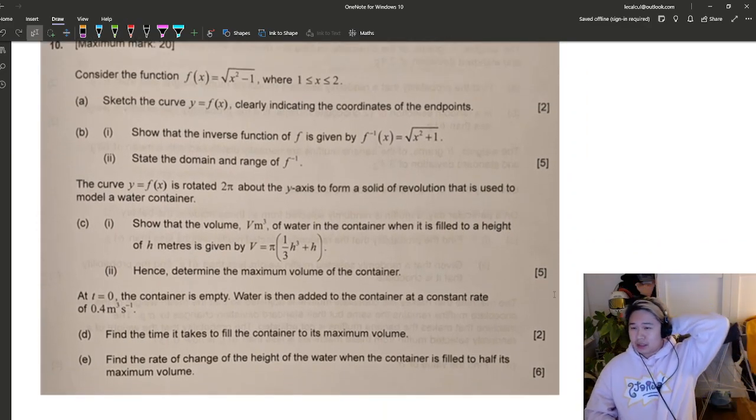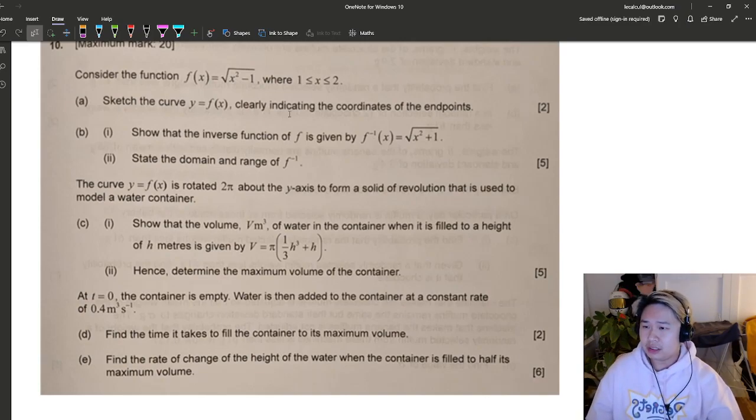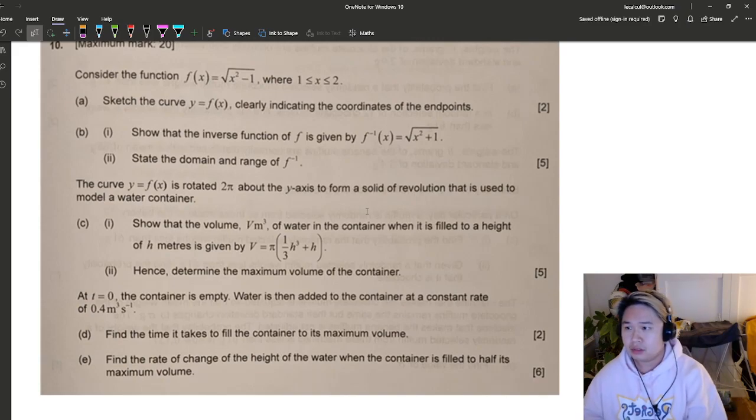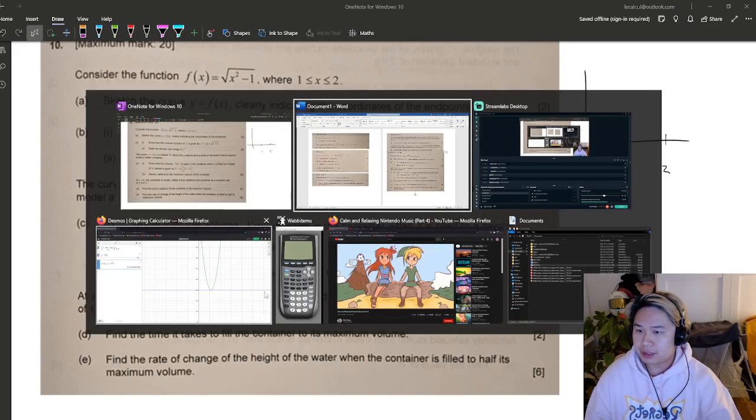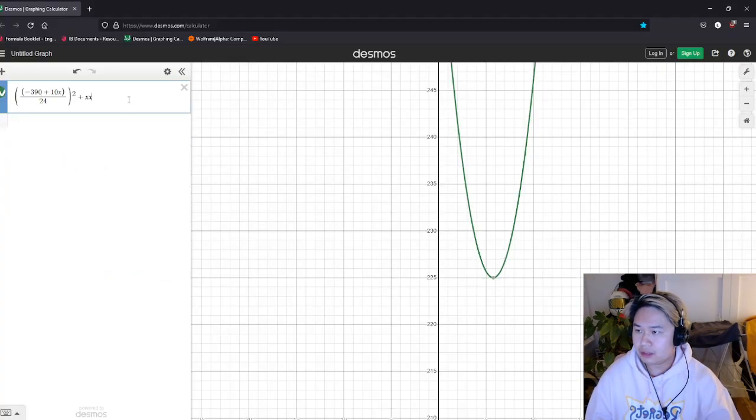Okay, consider this function from 1 to 2, sketch the curve. Okay, that's nice. Indicating coordinates of the endpoints. Sure. Well, this is just GDC work, right? Okay, 1, 2. All right, time to punch this into the graphing calculator.